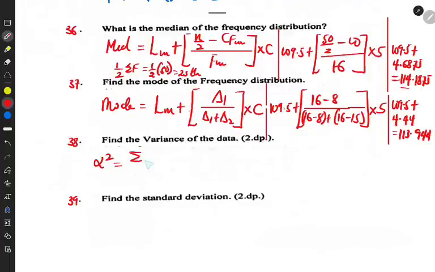Sigma squared is equal to the summation of f x squared divided by N, the total frequency, minus the summation of f x divided by N, all squared. We realize that this is actually the mean. So we just have to bring the mean here and square it again. This is how you find the variance of a data.